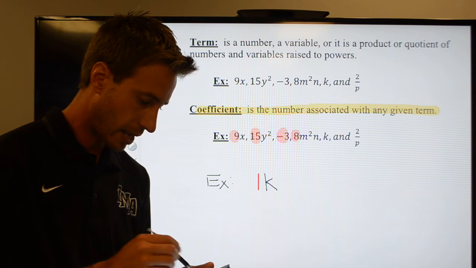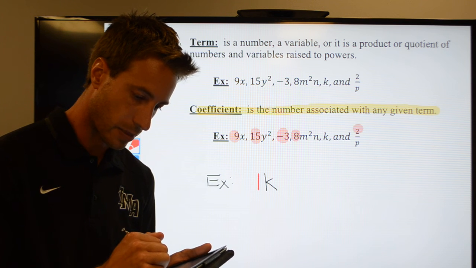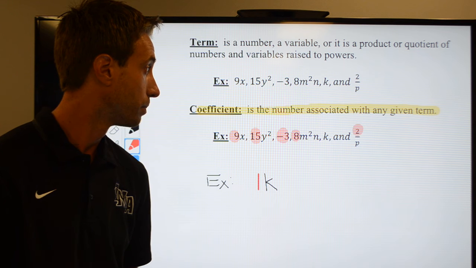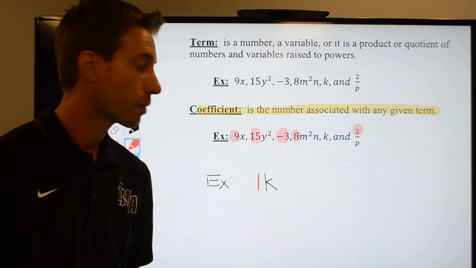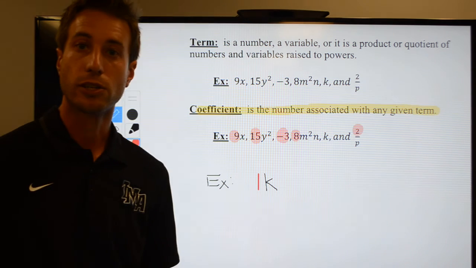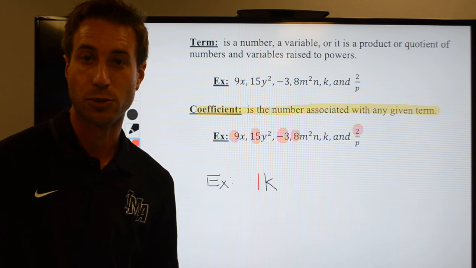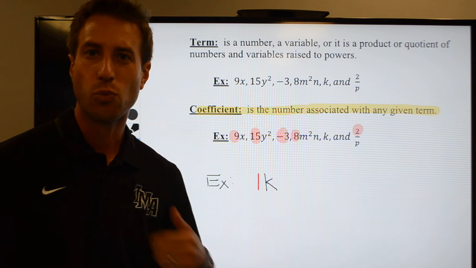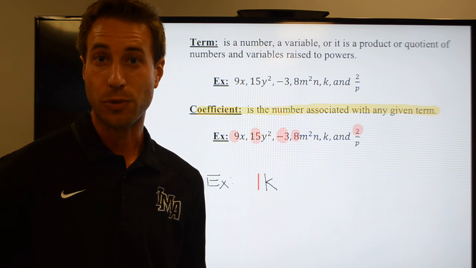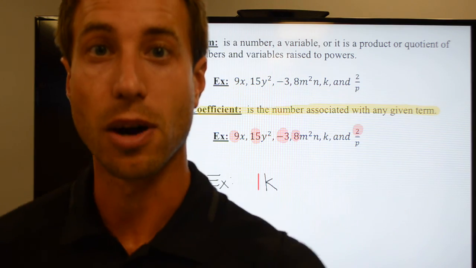And then of course in this last one, the number associated with this term is going to be a 2. Take some time here, review these, and make sure that you're comfortable with these terms and definitions. This is just a quick review from Algebra 1 of some basic vocabulary that we'll be using this year in this class. The next video will lead us to the next page in the notes, and I will see you on that page.